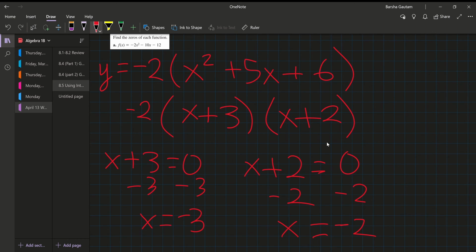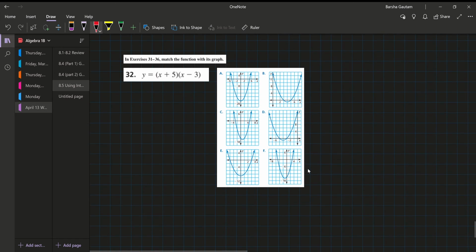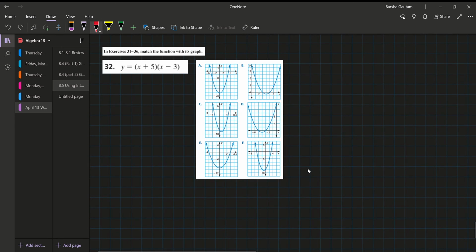Alright, let's try another problem. So for this one, you're going to match the function with the graph. So we have y equals (x plus 5)(x minus 3). For this one, we're going to once again find what our zeros are. To find that, we're going to set this y to 0, right?